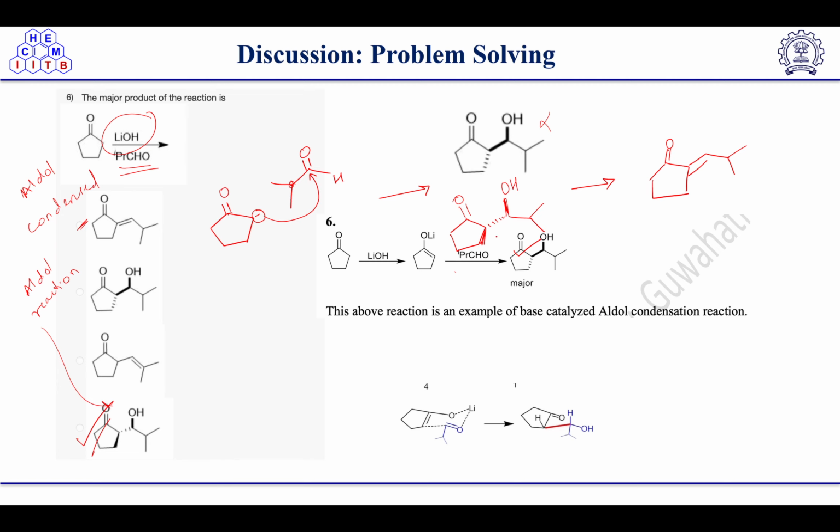Sorry for the confusion. Here we have the transition state as well. So according to the transition state, here we can see that we have the isopropyl group on axial position, correct?